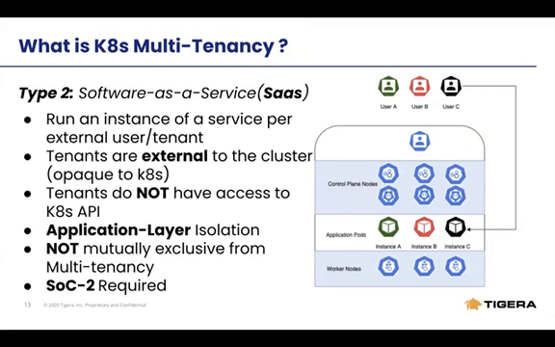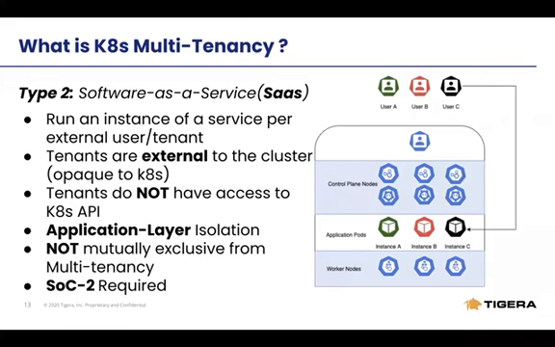This is highly dependent on the type of service that you're providing. Sometimes tenancy here means a different database instance. Sometimes it's a different authentication instance. Sometimes it's a different version. If it's a managed service, it could also be the application itself that you're providing.